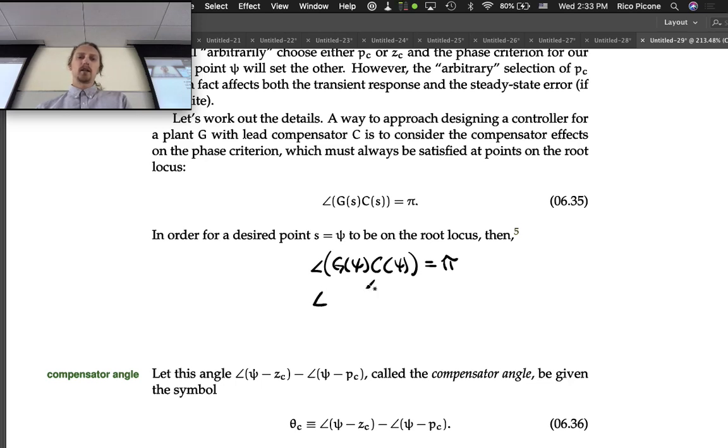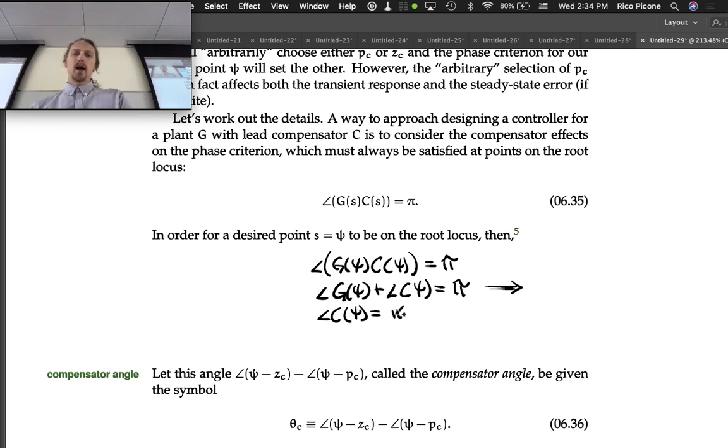So we've got the angle of G of psi plus the angle of C of psi equals pi. And that allows us to solve for the angle of C of psi, which is equal to pi minus the angle of G of psi.